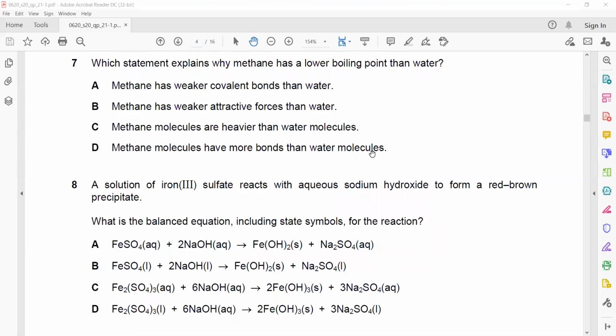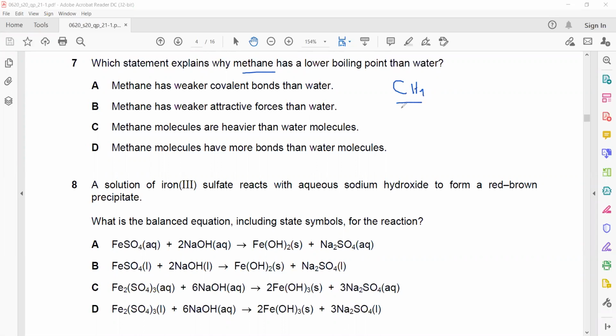Question 7. Which statement explains why methane, which is CH4, has a lower boiling point?